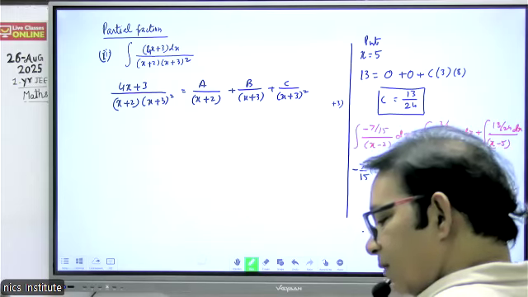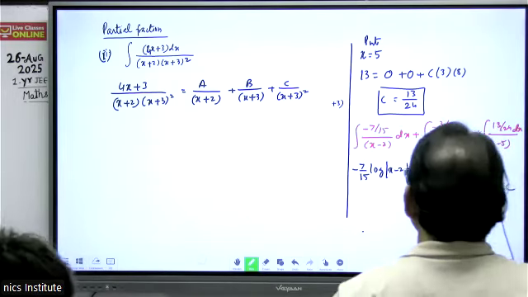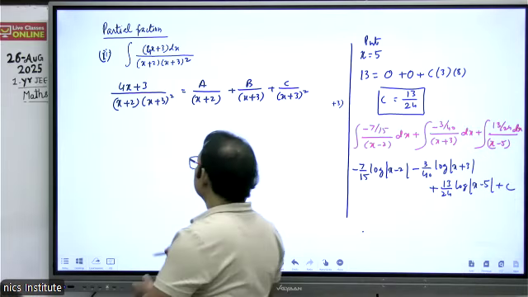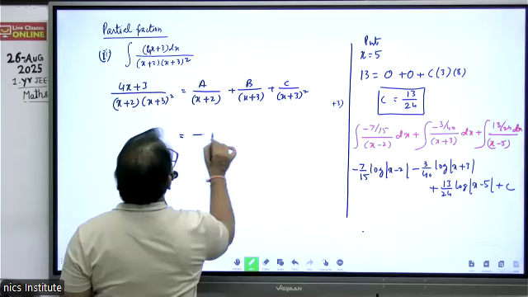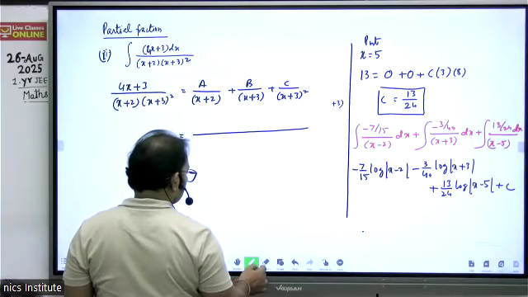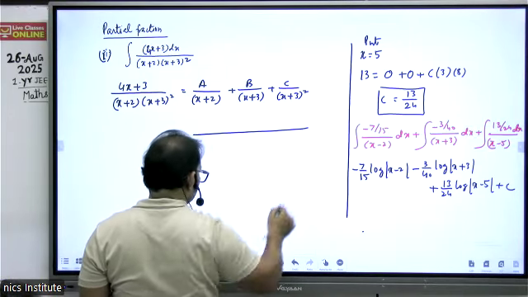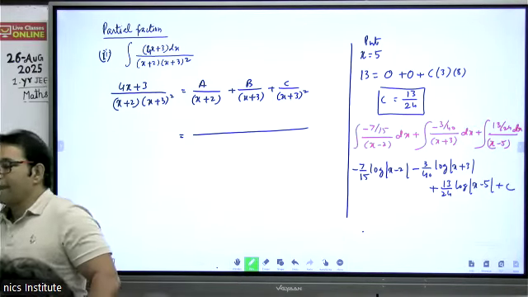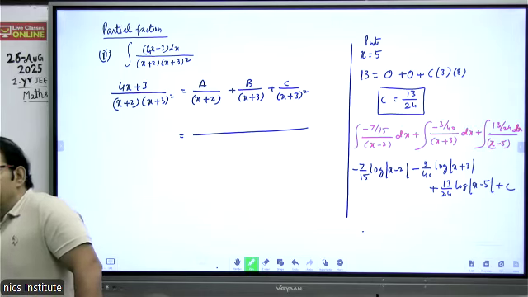This divided by this. असमी एलसीएम क्या आ रहा है इसका? नहीं किया अभी. बता दो. x plus 2, x plus 3, x plus 3 whole square. What is the LCM?